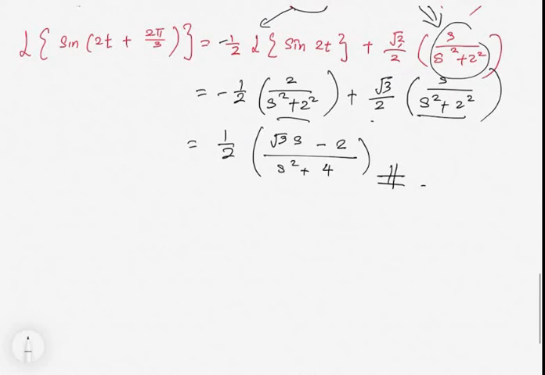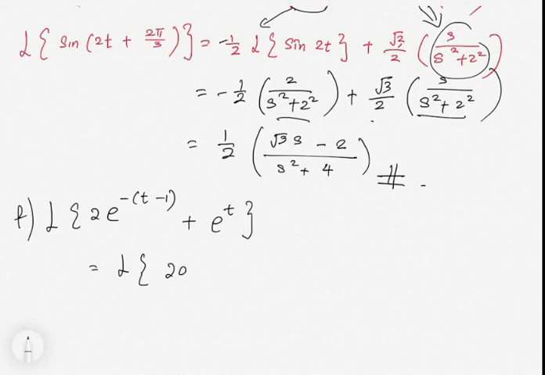Okay, then I give you another, the last example, on the Laplace transform of 2 exponent minus t plus exponent t. So this is equivalent to the Laplace transform of 2 exponent negative t plus exponent t.